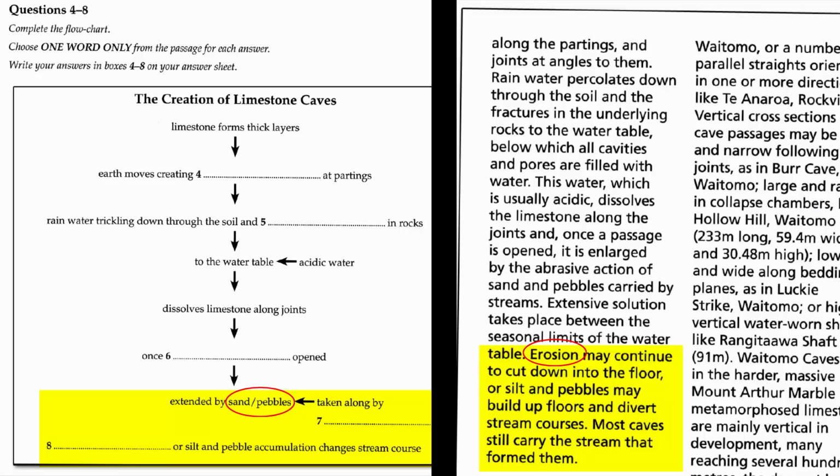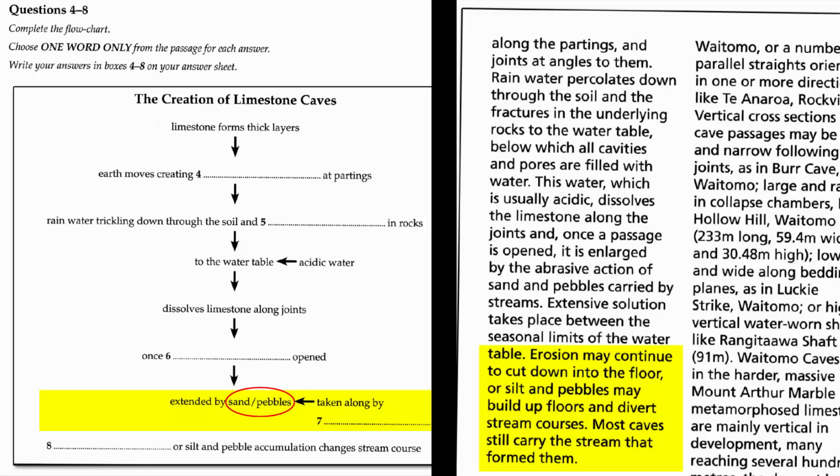Okay. Now, let's see question number 7. They say extended by sand or pebbles. Then they say taken along by. Now, sand and pebbles, they are taken along by. Let's read on. Silt and pebbles may build up floors and divert stream courses. Now, what do silt and pebbles, sand and pebbles, do? They divert stream courses.